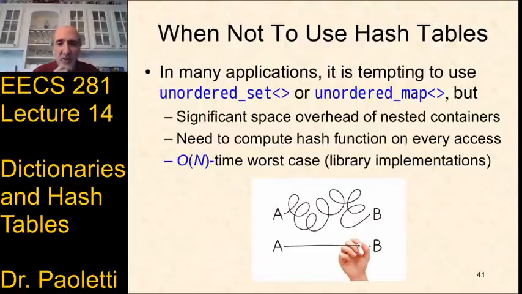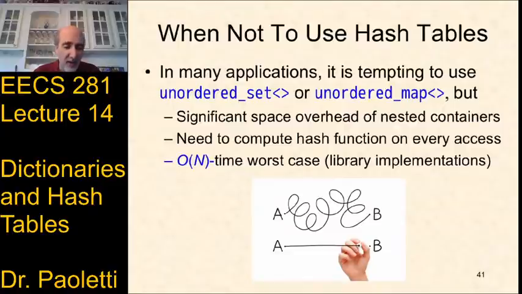One reason to not use a hash table is that hash tables do have a bit of memory overhead, and next lecture we're going to see why. If I put hash tables inside of hash tables, I get that memory overhead compounded. I also need to do the hash function on every access.